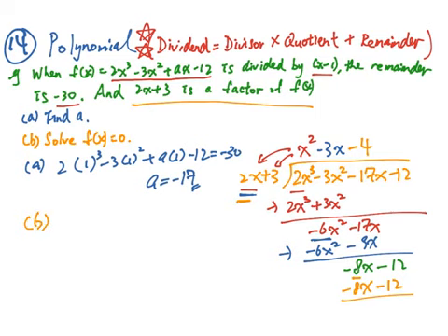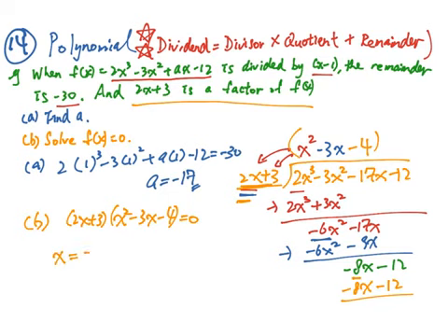So for part B, f(x) equals 0. That means 2x plus 3 times x squared minus 3x minus 4 is equal to 0. We are using the divisor times the quotient. Next, we can use the calculator.